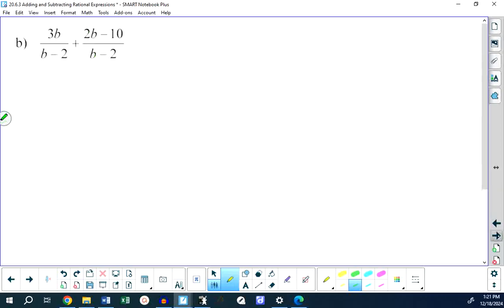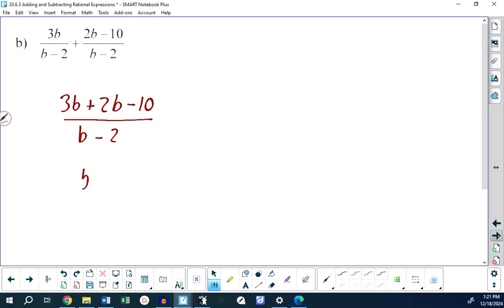B. Well, again, we are graced with a very nice gift here that they're already over the same denominator, so we can go ahead and put them together. Now I can add the two numerators and get 5b minus 10 over b minus 2. Can I cancel anything? Well, I know you can, and I suspect many of you know you can, but the only way to be sure is to factor.